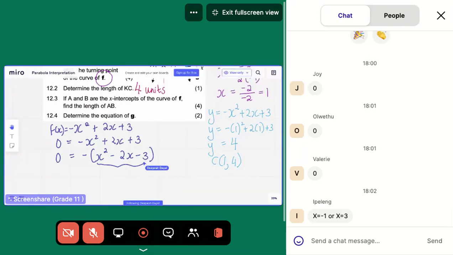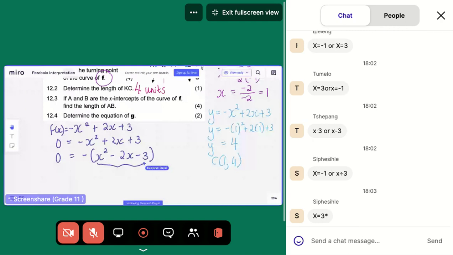Rabone, please type in the chat your answer so we can look if we're all on the same page. Tumelo is giving answers. We've got Ipileng. Tumelo and Ipileng have the same answer. Okay, so let's see.